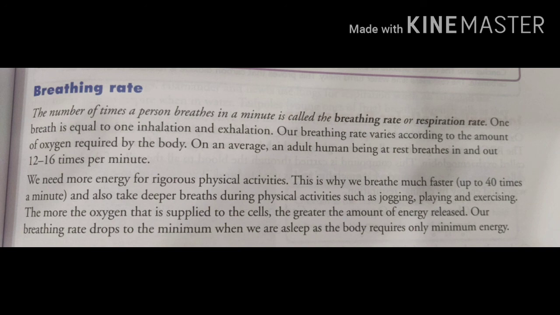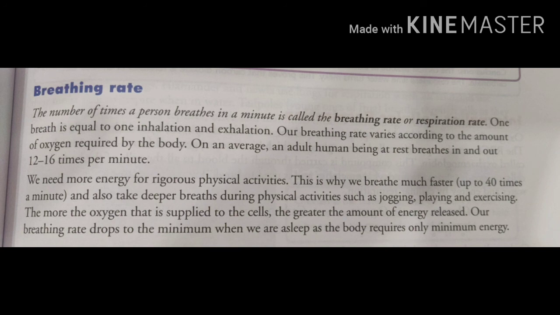One breath is equal to one inhalation and one exhalation. Taking in air once and exhaling it makes one breath cycle. So the number of times a person does it in a minute is known as the breathing rate.